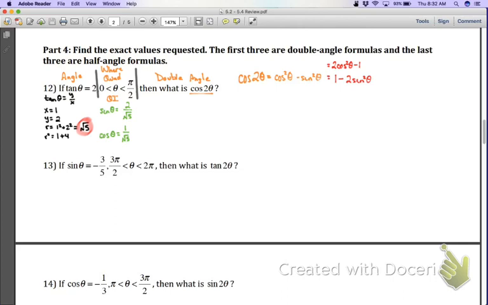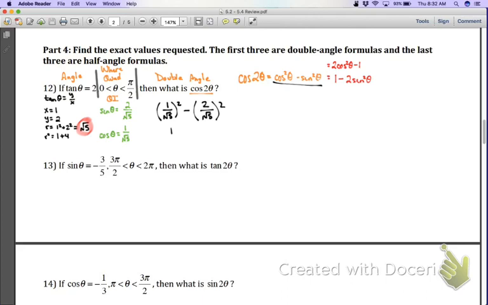From here, it's completely up to you what you do and how you use it. I'm going to use the first one, and I'll show you all three and show you that they all work. I'm going to take 1 over the square root of 5 and square it, and then subtract 2 over the square root of 5 and square that. What's 1 squared? 1.